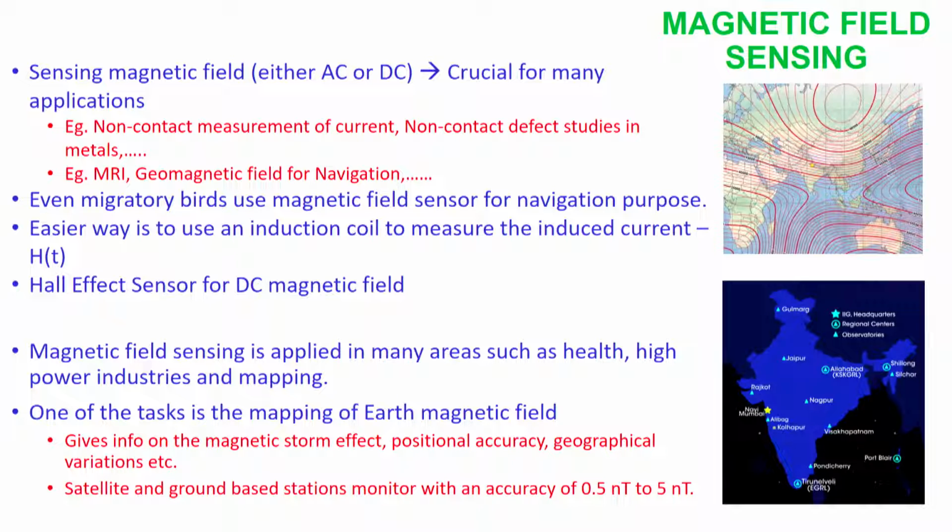We have Hall effect sensors, which give you a very nice DC measurement, and AC Hall effect sensors are also available to measure the AC magnetic field. As I mentioned, for high power industries, magnetic field sensing becomes important. MRI also exists mainly because of that. All these things tell you about the importance of magnetic field sensing.